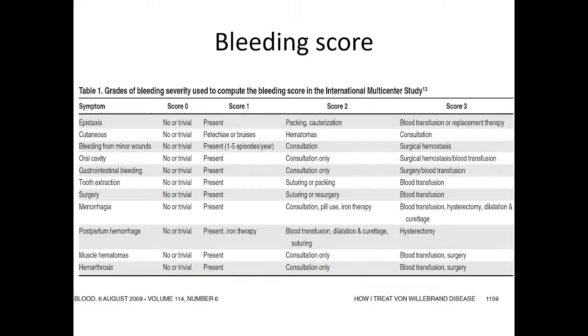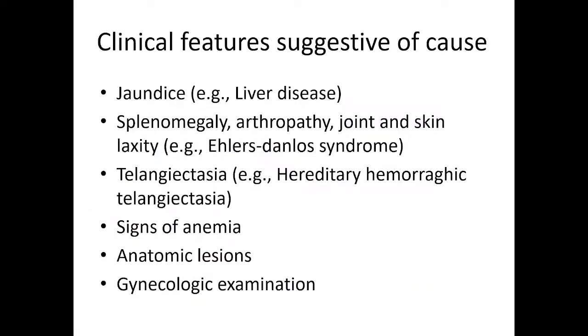Then we should see the bleeding score, which suggests which type of bleeding and how severe it is. Then clinical features suggestive of cause we should look into, like if jaundice is there, maybe liver disease causing coagulation issues. If splenomegaly, arthropathy, joint and skin laxity, then maybe suggestive of Ehlers-Danlos syndrome.